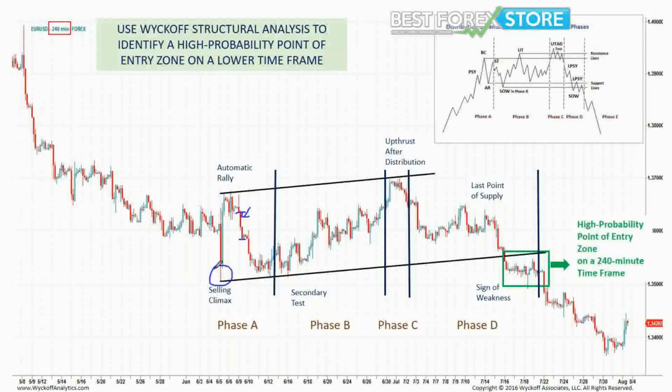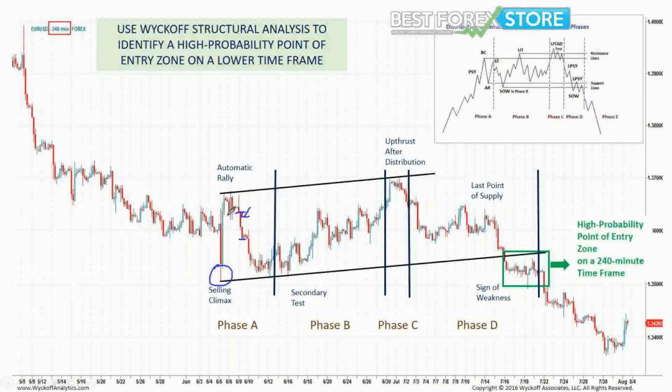Another comment: before the high probability sell on the trading range at the top of the automatic rally, would we be buying intraday? Yeah, there would still be the bias to the upside, right?